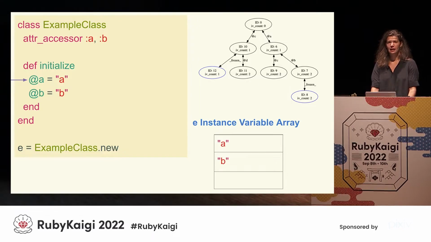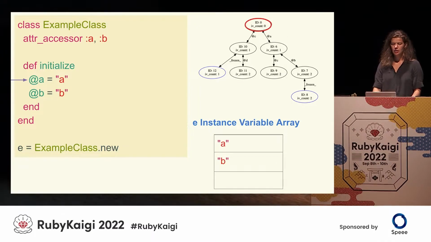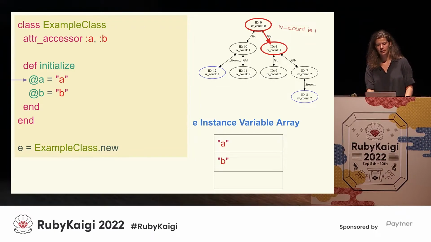If we're setting the instance variable A to the value of the string A, we start at shape 0, our root shape. We transition through the instance variable A to a shape with ID 6, and IV count is 1 here. So index is 0.